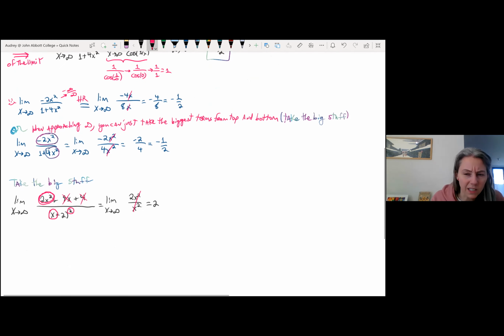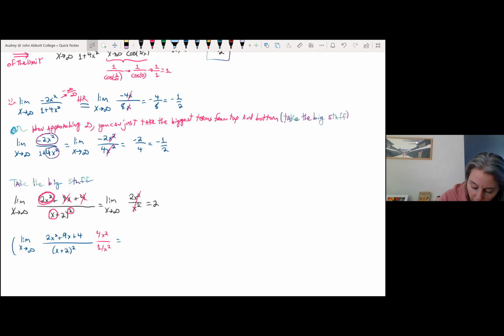Now, if you really want to go more in depth as to why this works, maybe you'll remember what you did last semester and say that this is the limit as x approaches infinity, 2x squared plus 9x plus 4 over x plus 2 squared. I'm going to multiply both the numerator and the denominator by 1 over x squared. So then I will get the limit as x approaches infinity, 2 plus 9 over x plus 4 over x squared over, just so that we can really see, I'm going to expand this.